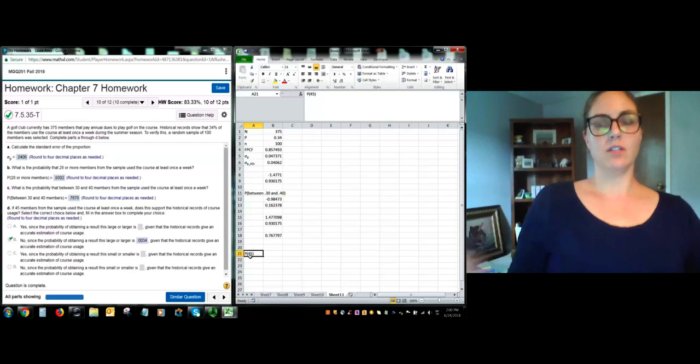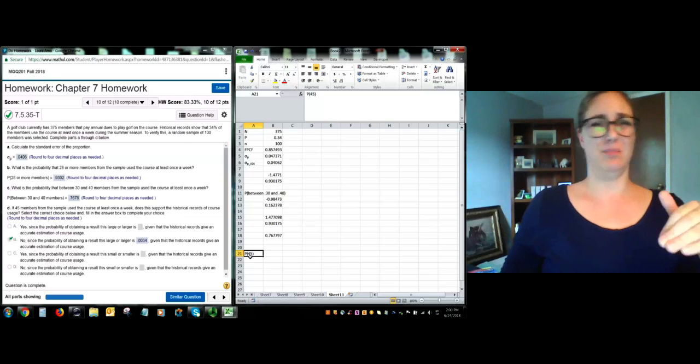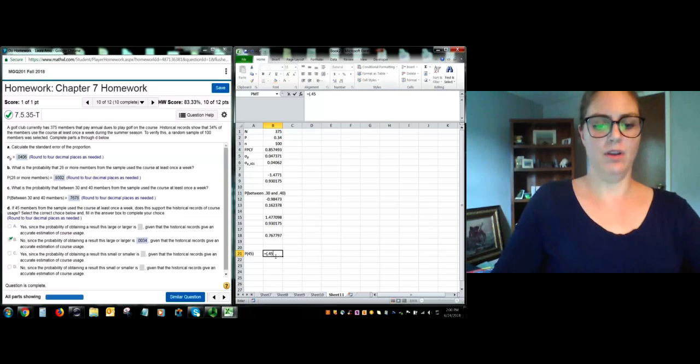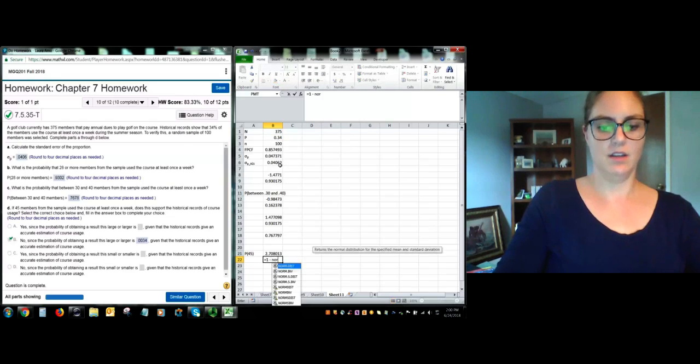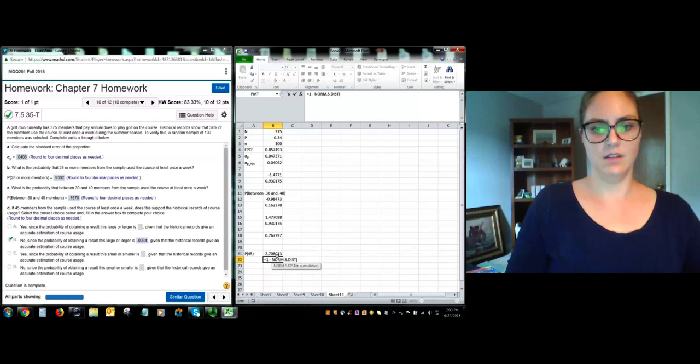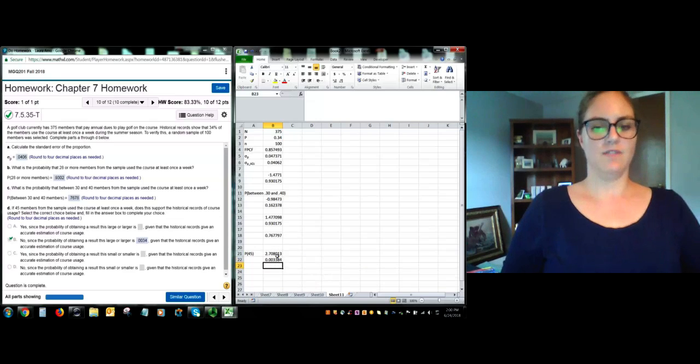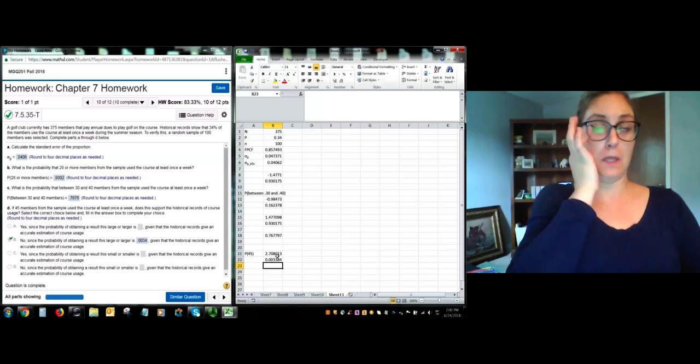So if they say it's not 34%, it's actually 45%, the probability of it being that or anything above it is given by first finding the z, then finding above it with 1 minus norm.s.dist. It's very, very small that that would actually be the case.